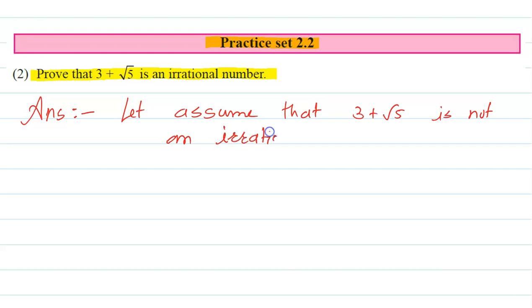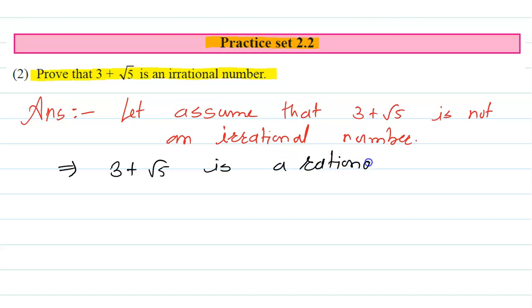Once it is not an irrational number, definitely it should be a rational number. Therefore 3 plus root of 5 is a rational number, and we can express it in the form p by q. So 3 plus root of 5 equals p divided by q.